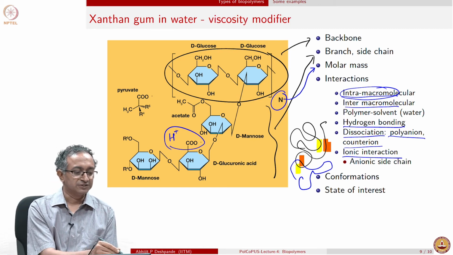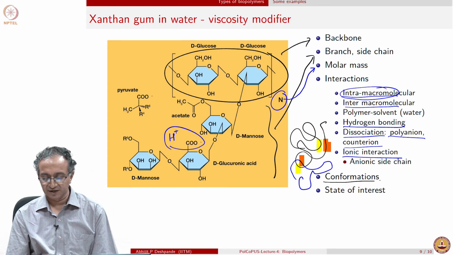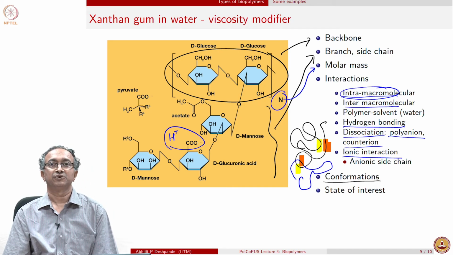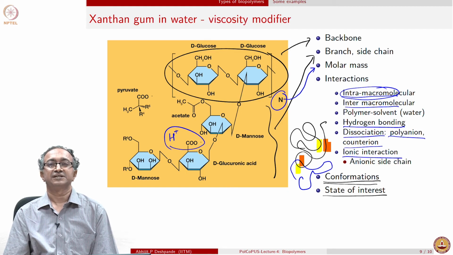And so, what is of interest from a practical point of view is what are the conformations that a polymer molecule takes, and what is the state of interest. So, in this case it is the solution state which is of importance, and we would like to know whether it is taking an extended conformation or a coil like conformation.